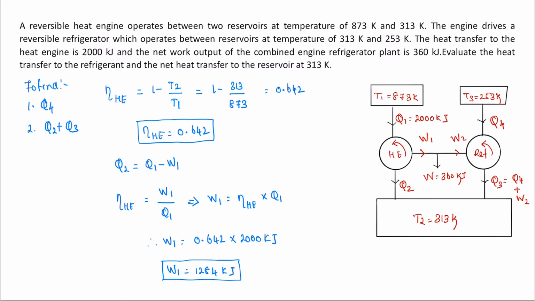That is, Q2 is equal to Q1, which is 2000, minus W1, which is 1284 kilojoule. From this, the value of Q2 is calculated as 716 kilojoule. Now we have found the value of Q2.